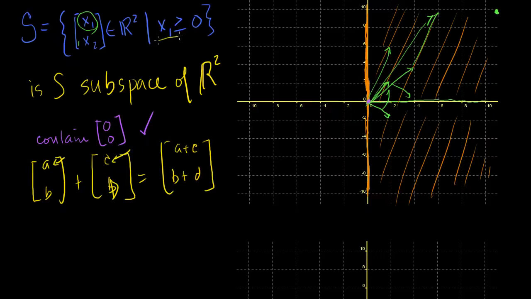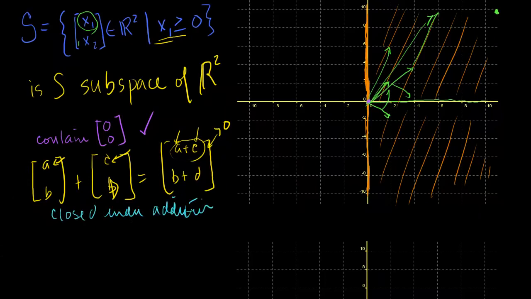That was my requirement for being in the set. So if both of these are greater than 0 and we add them to each other, this is also going to be greater than 0. And we don't care about the second component; I didn't put any constraints on it. So it does seem like it is closed under addition.